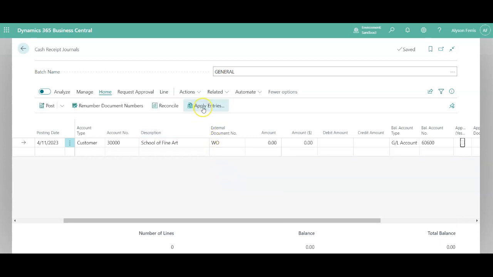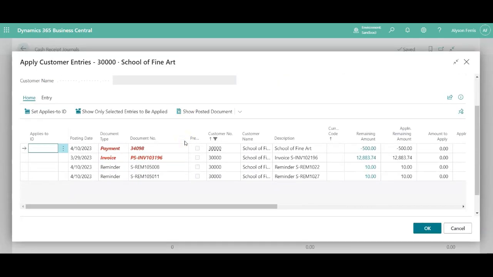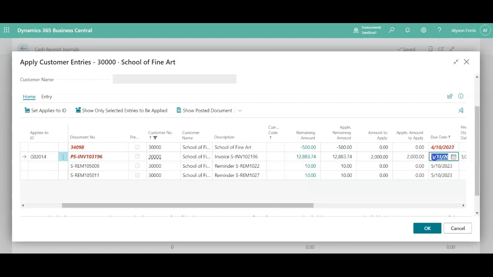Now, to choose the invoice I'm going to write off, this brings up all of my open invoices for the School of Fine Art, the customer I chose in my customer account. I'm going to write off this $12,000. $2,000 of it.